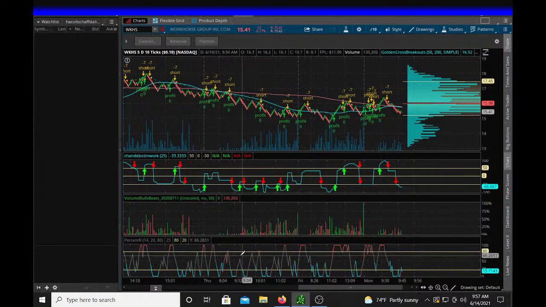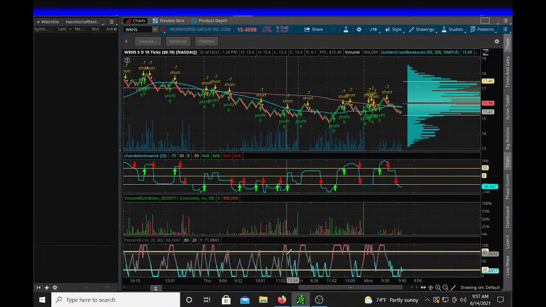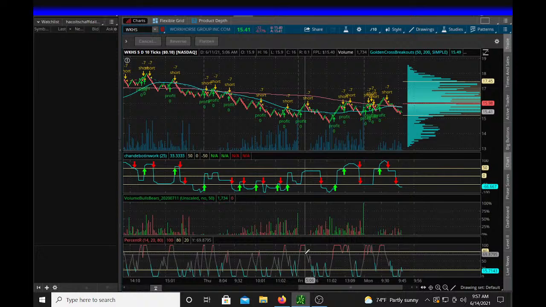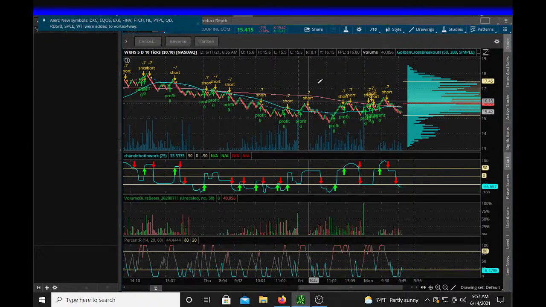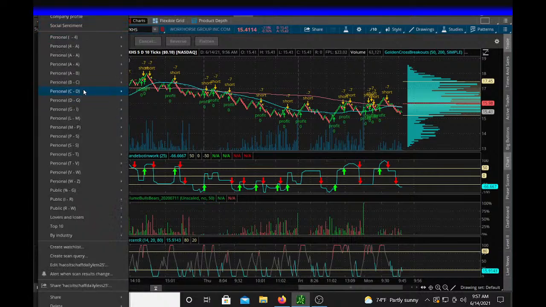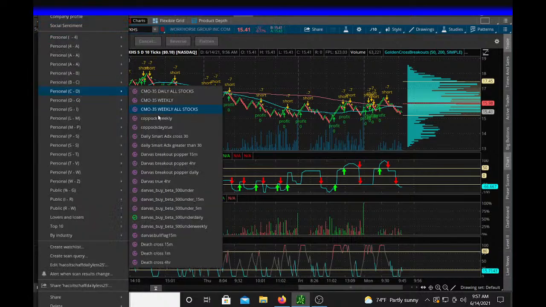I wonder if it's not catching it. Okay. Well, I wonder what the profit is. Okay, every time we drop below 80, we should get a short signal. It looks like those signals are valid.